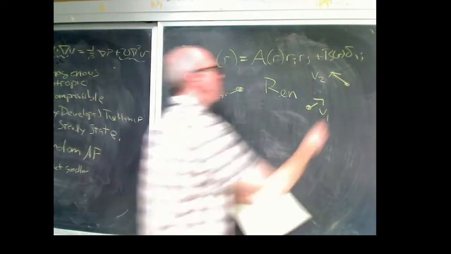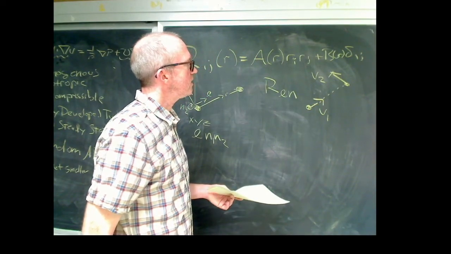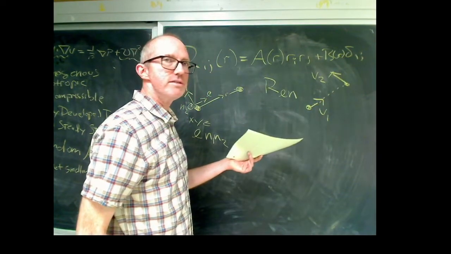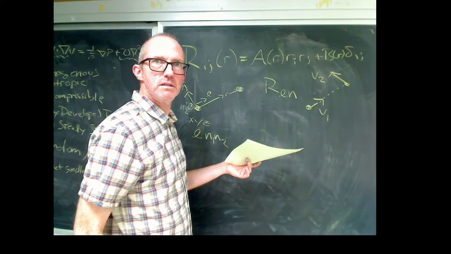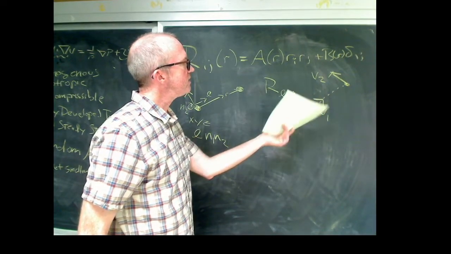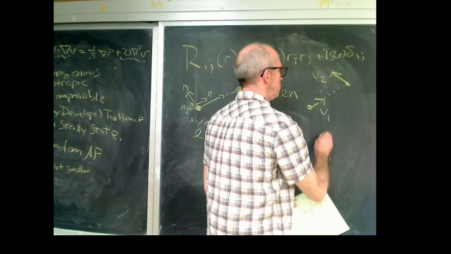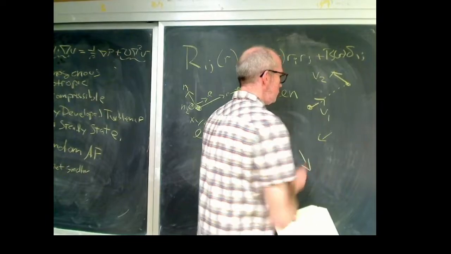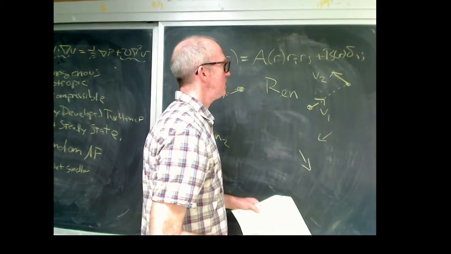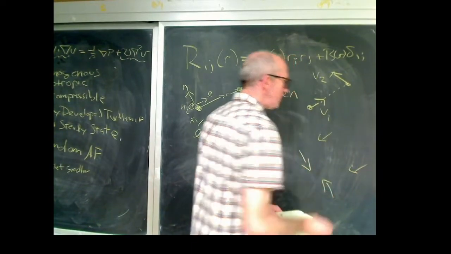And then R is the vector joining it. All of these correlations are 0. Because if I rotate this, I get that. But if I flip it, I get that.